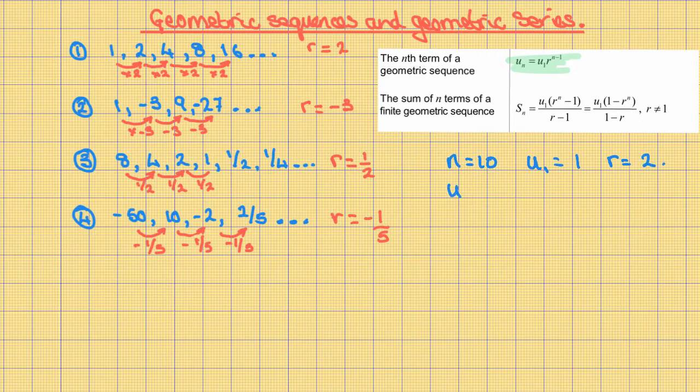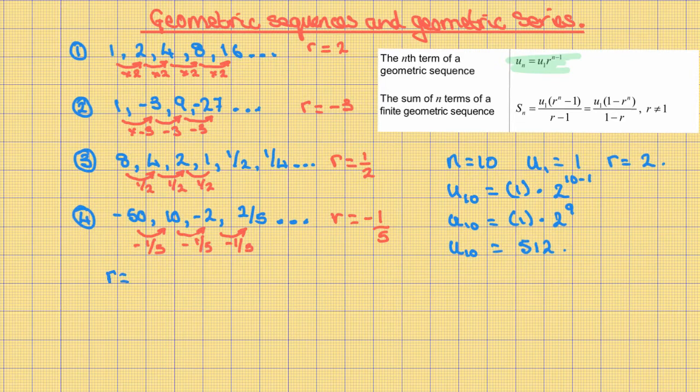So u10, the 10th term, is equal to 1 times 2 to the power of 10 minus 1. So u10 is equal to 1 times 2 to the power of 9. So u10 is equal to 512.